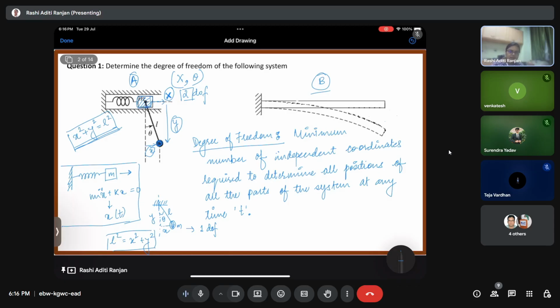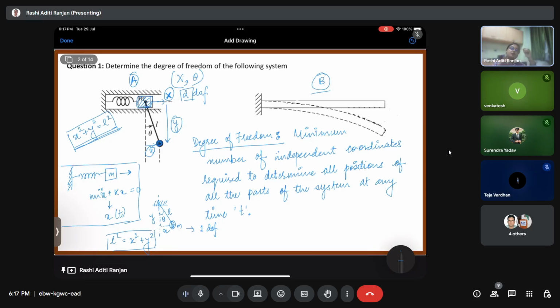But in this case, which is for a cantilever beam, the mass is uniformly distributed. So if we go into the structure of it, we'll see that there are infinite number of point masses that constitute the whole cantilever beam, right? There are infinite number of points, and every point has its own coordinates.